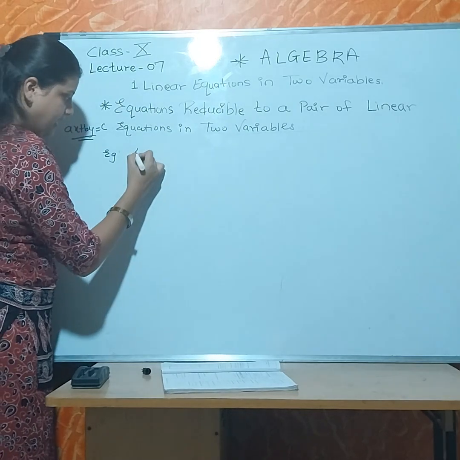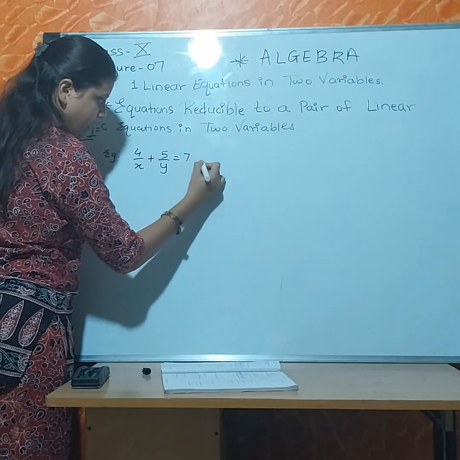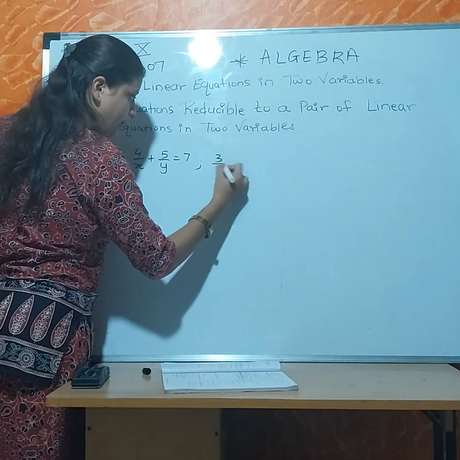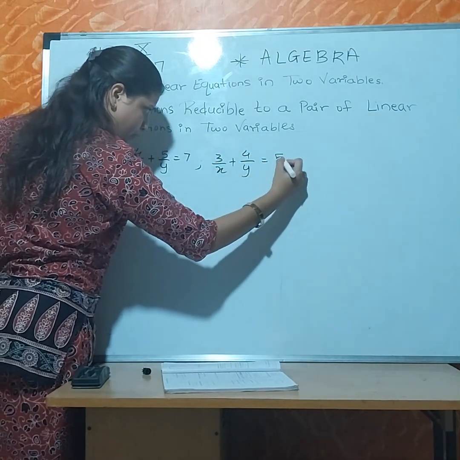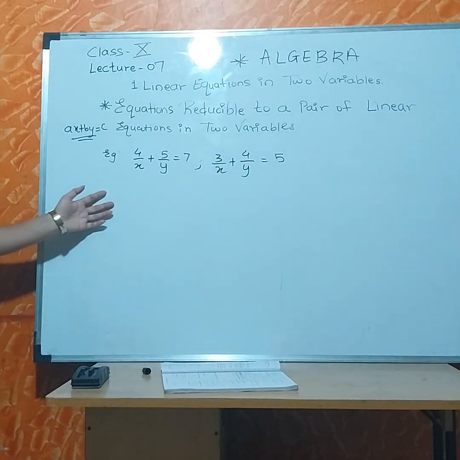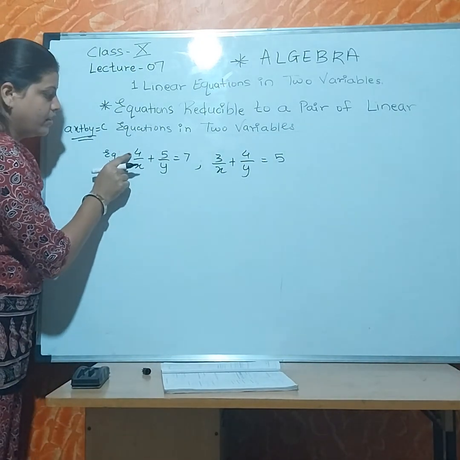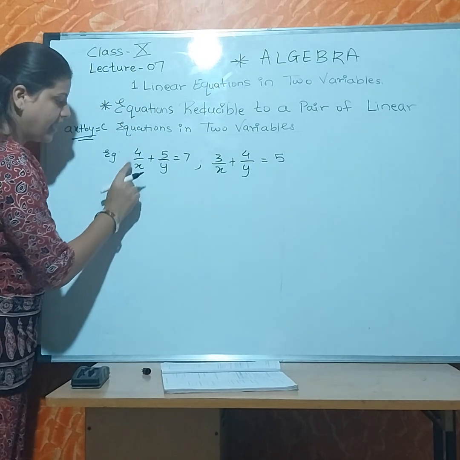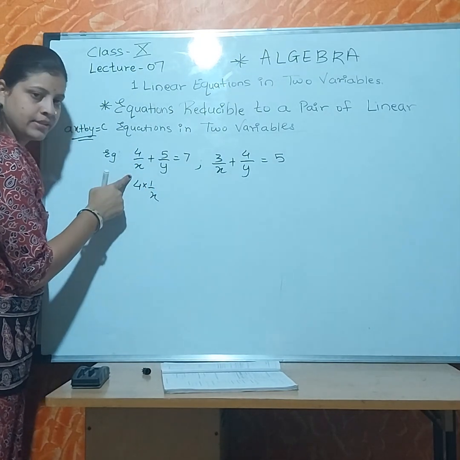Now if they have given a question where we have to solve these equations, but the equation is not linear, first we have to convert that equation into a linear equation, then we have to solve. We will take one example. They have given one example: 4 upon x plus 5 upon y is equal to 7, and 3 upon x plus 4 upon y is equal to 5. Here, see, there is nothing but 1 upon x. Can I write this as 4 into 1 upon x?